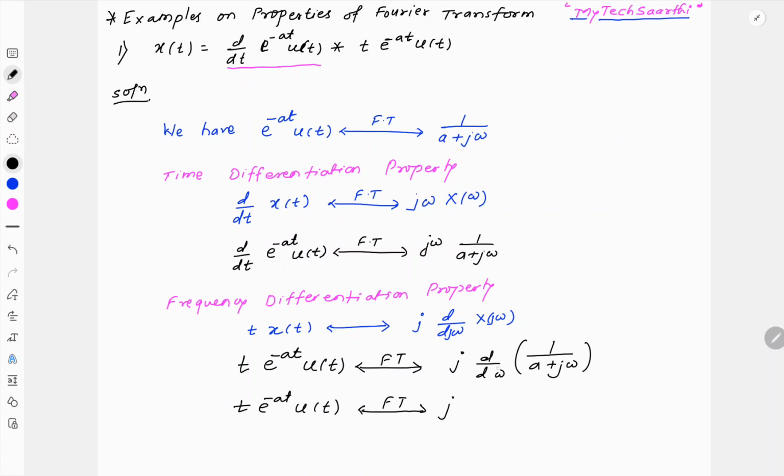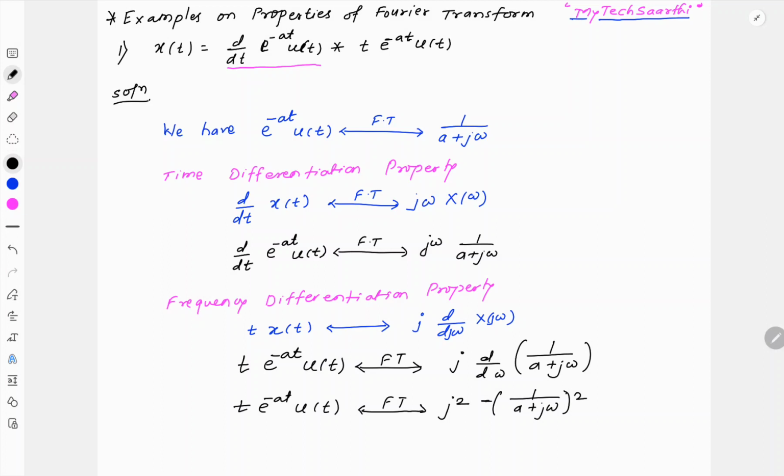So it will be now d by d omega of 1 upon a plus j omega, which is minus 1 upon a plus j omega whole square, and the coefficient of omega is j, so it will be now j square.